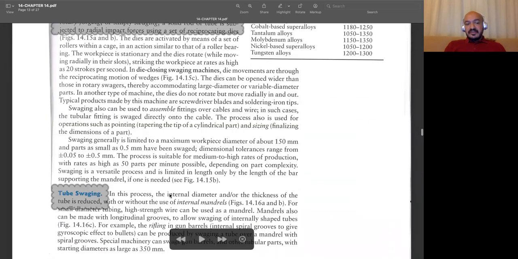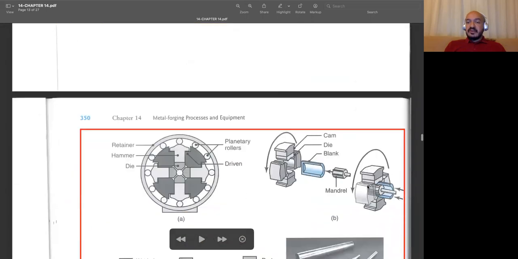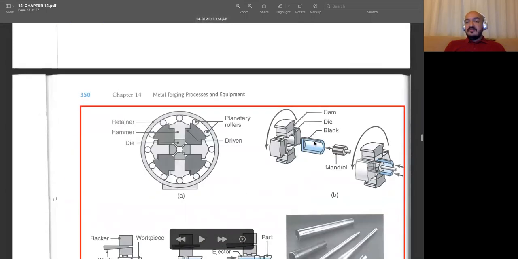The last one is called tube swaging. This one here is the tube, and if you apply swaging on it, then the internal diameter will be increased and the wall thickness will be decreased, but we will have a larger tube. In the rotary swaging case, since we are applying forging forces from the outer surface, we are decreasing the diameter.